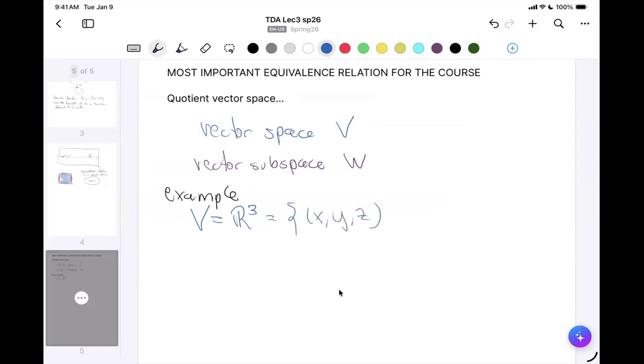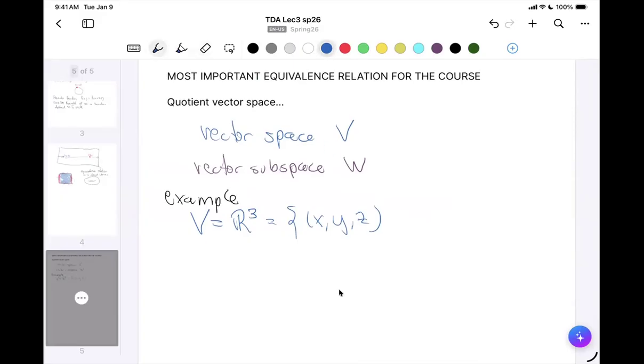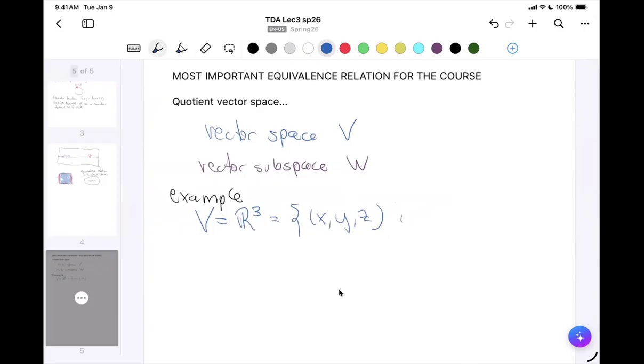R3 is just the triples where x, y, and z are real numbers. And the subspace that I'm talking about is the xy plane. You can think of the xy plane as the triples where z is zero.